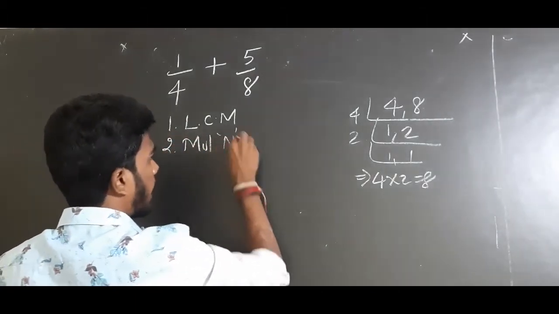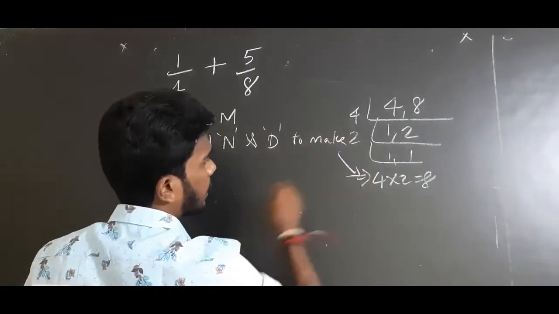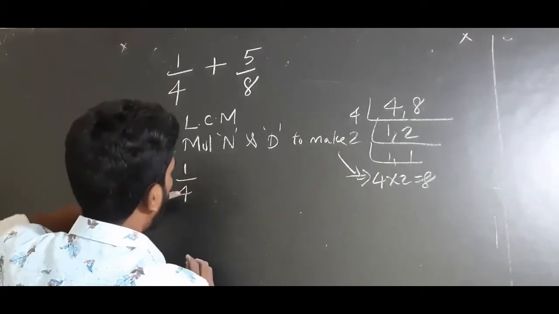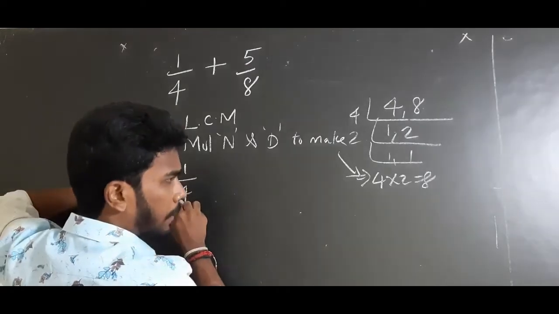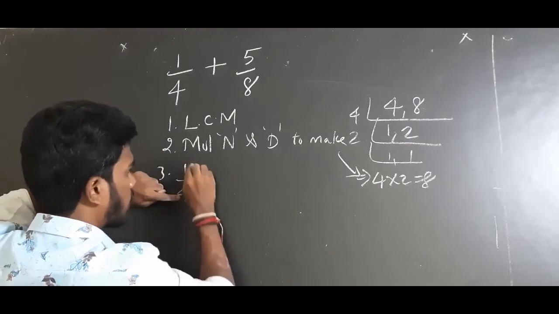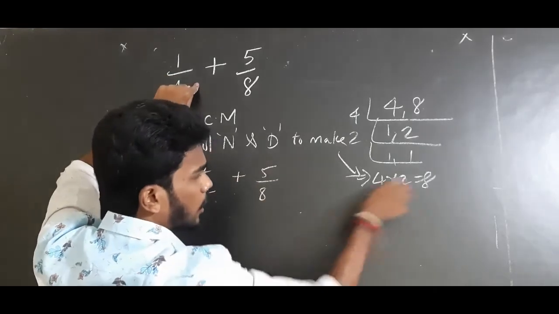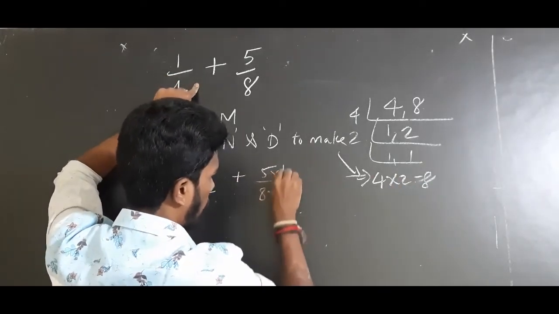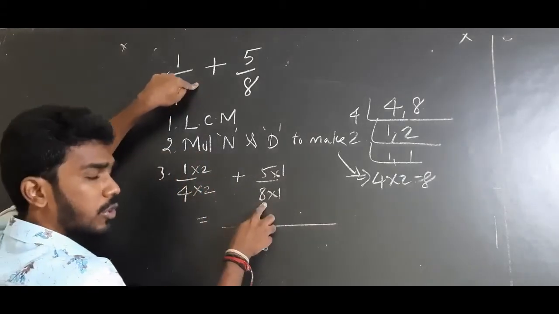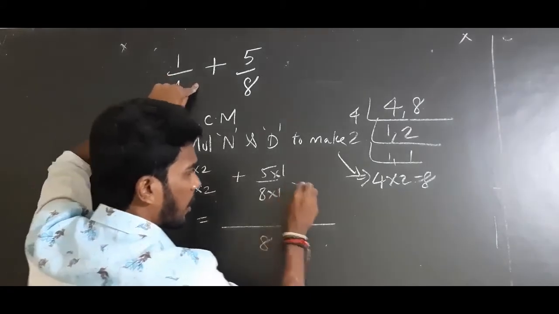Next, you have to multiply the numerator and the denominator to make the denominator the LCM. So here I have 1 by 4. What should 4 be multiplied by to get 8? It's 2. 4 twos are 8, and the same 2 you have to multiply upward, plus 5 by 8. What should be multiplied with 8 to get 8? 1. So now both denominators are 8 and they are converted into like fractions.